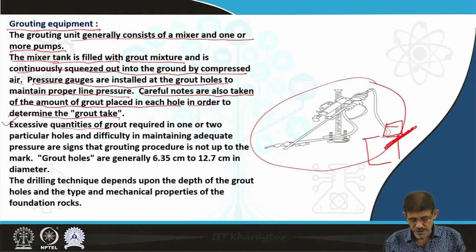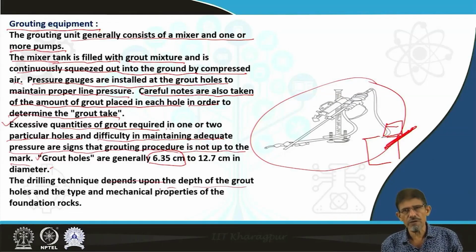Excessive quantities of grout required in one or two particular holes, and difficulty in maintaining adequate pressures, are signs that the grouting process is not up to the mark. Grout holes are generally 6.35 cm up to 12.3 cm in diameter, and the drilling technique depends on the depth of grouts and others.